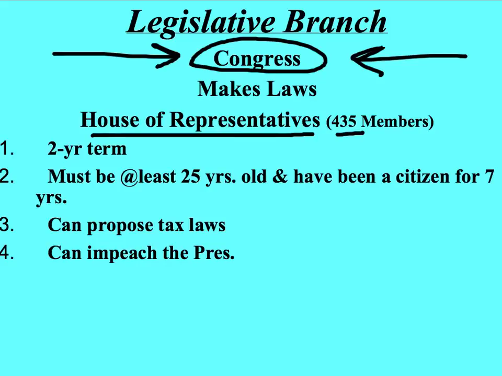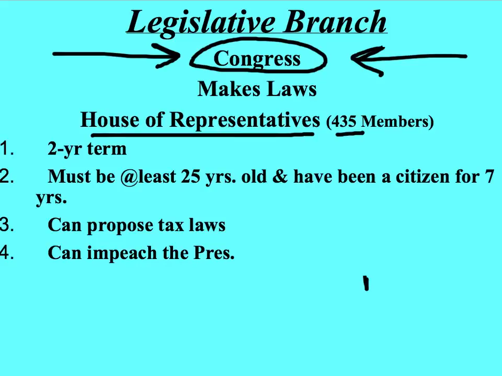California has 53. California is the largest populated state in the nation, and because of the population, they get a whole lot more people than us. Now, every state has at least one rep. Wyoming, North Dakota, South Dakota, Alaska have one House member because their population is even smaller than ours. But everybody has at least one.